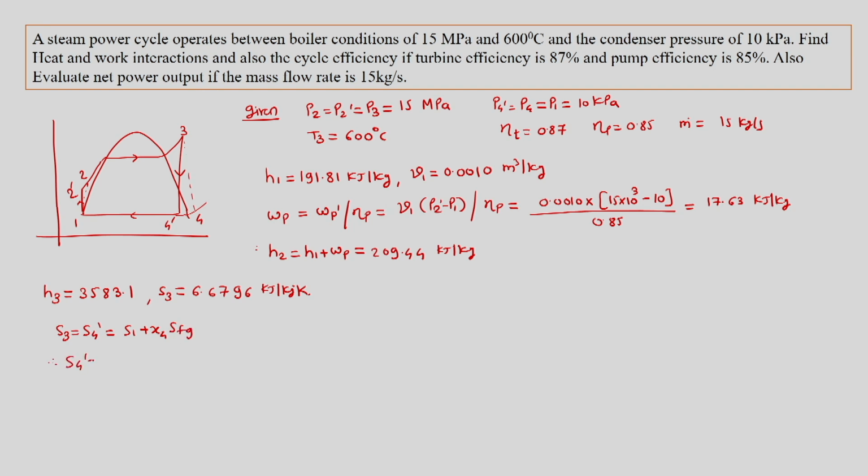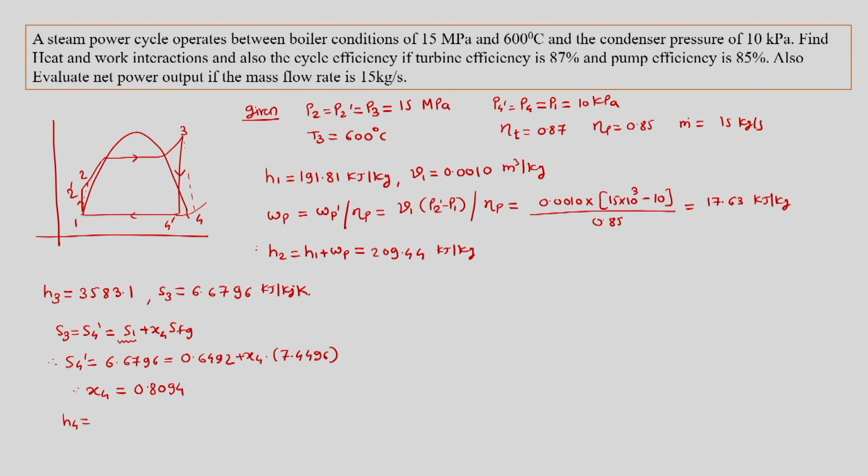So we have S4 dash, which is 6.6796, equal to S1, again from steam table 0.6492, corresponding to liquid saturation entropy at 10 kilopascal, plus X4 into SFG, which is 7.4996. So we get X4 as 0.8094.